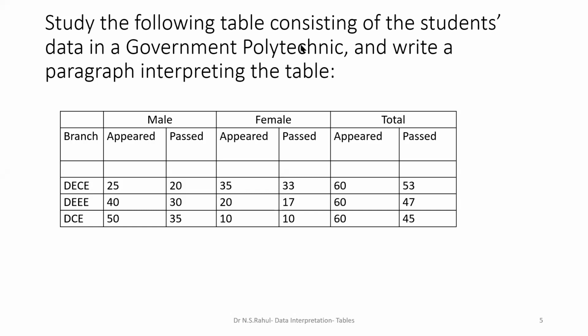When we compare DEEE and DCE, in the branch of DCE, the female persons have appeared 35. And when we compare DECE and DCE, in the branch of DEEE, 35 members of the male persons have passed.